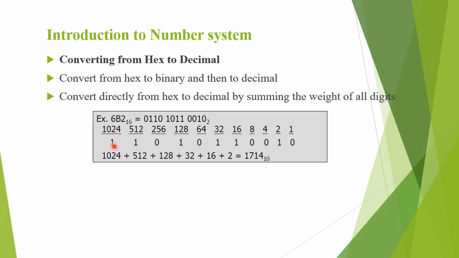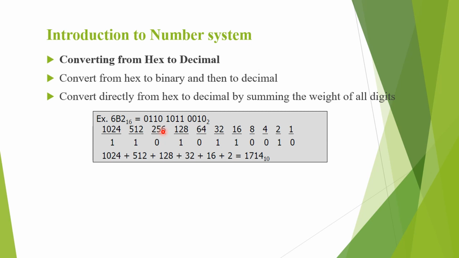if there is a 1 bit in the position of that particular weight. So the weight will be added if that weight pertains to a bit 1, and if the weight pertains to bit 0, then it will not be added. So 1024 pertains to bit 1, 512 pertains to bit 1, so that is added.